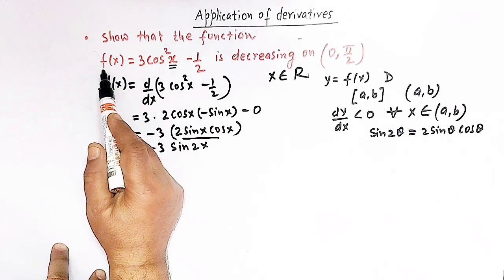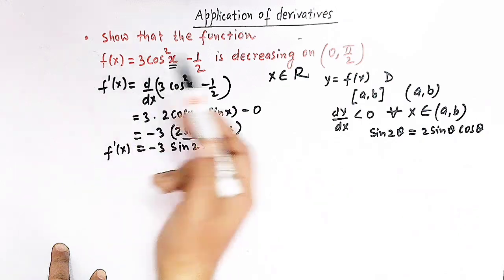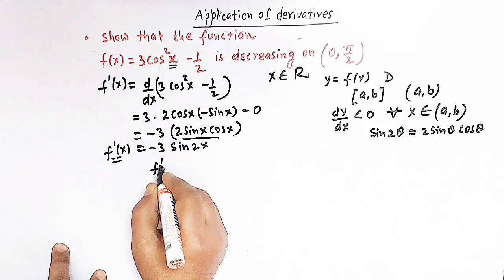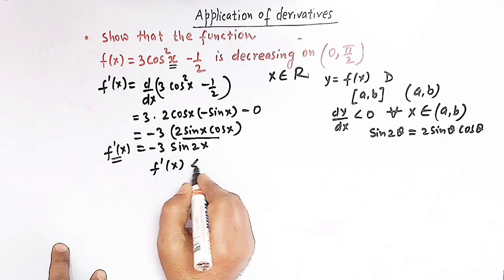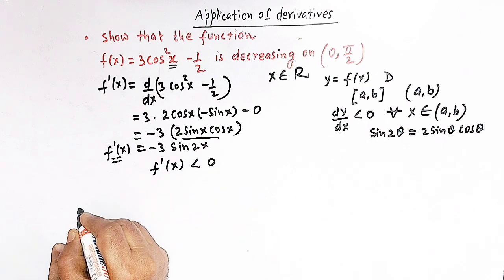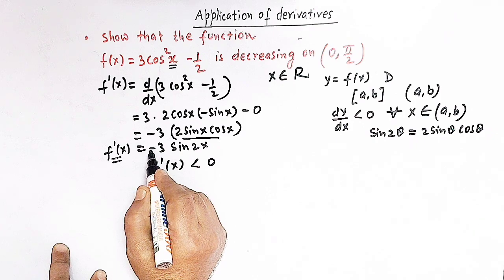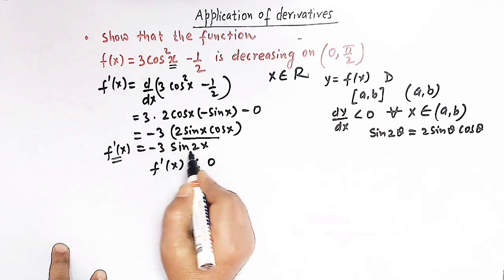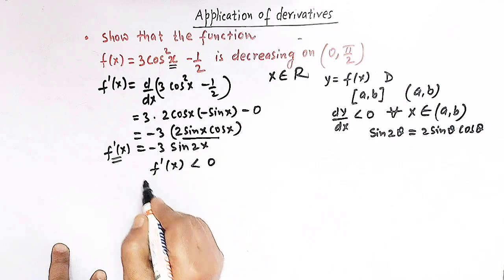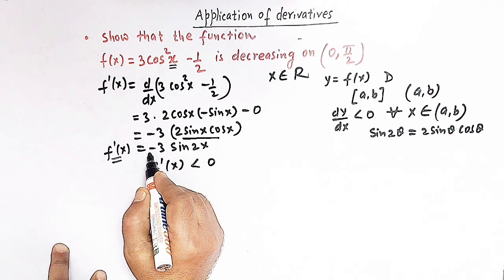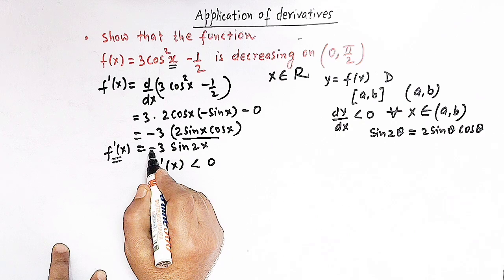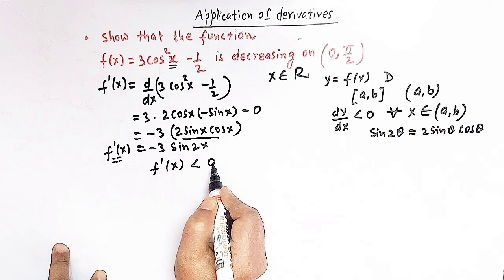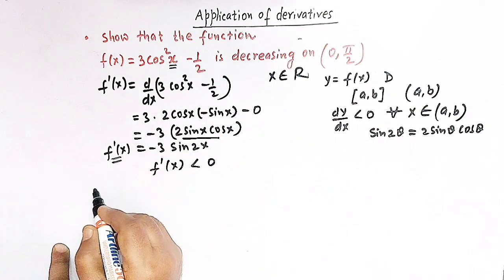Now if this function f of x is to be a decreasing function, then the derivative f prime of x should be less than 0. Here we have a minus 3 sine 2x, and we are concerned with only the sign. We have the negative sign, so f prime of x should be less than 0 for f of x to be decreasing.